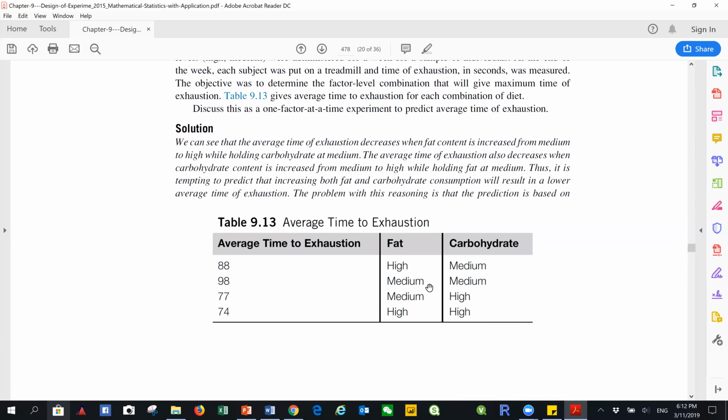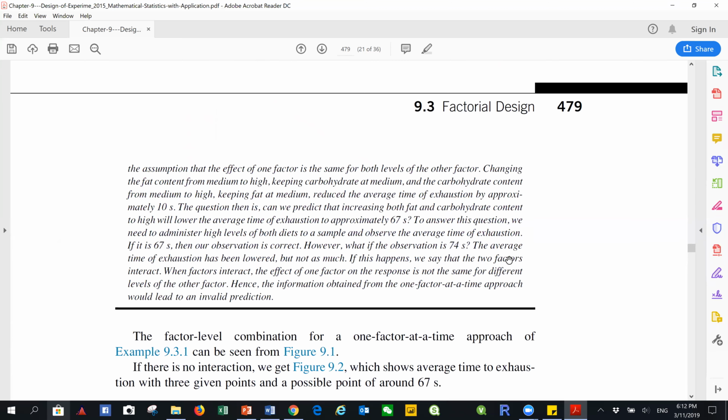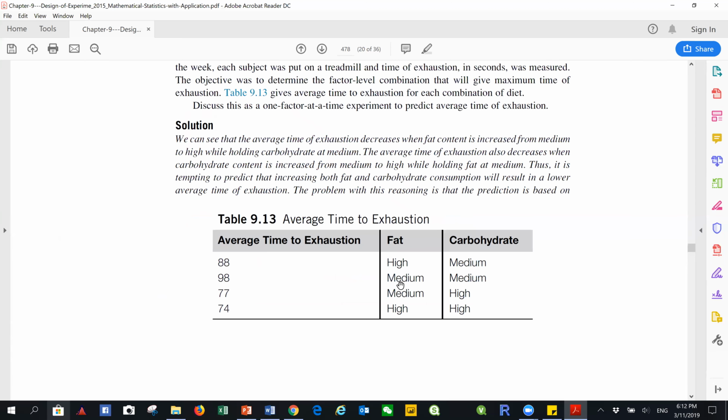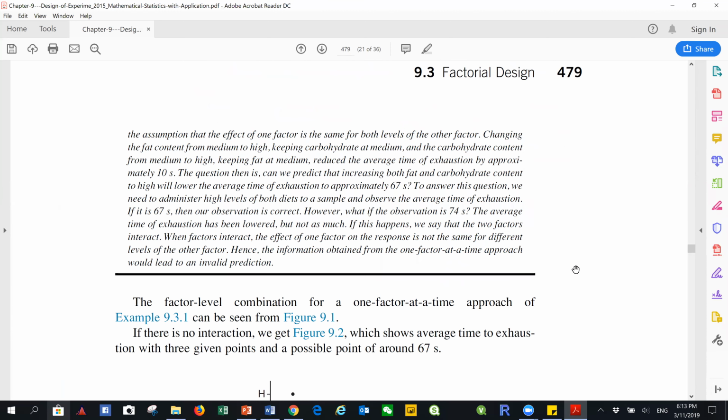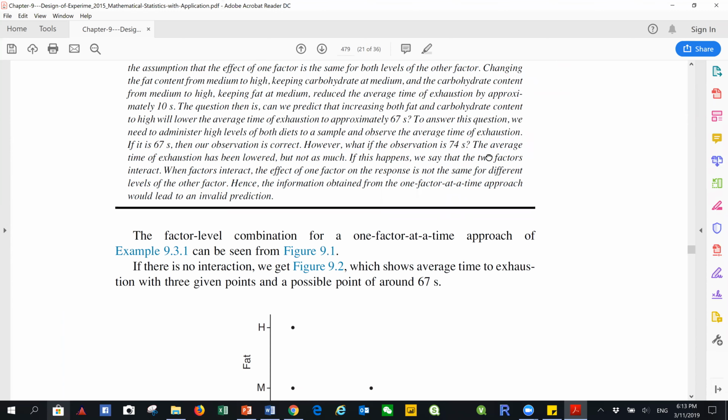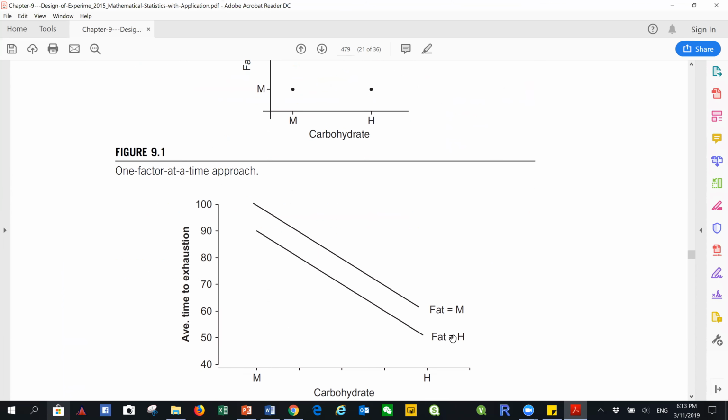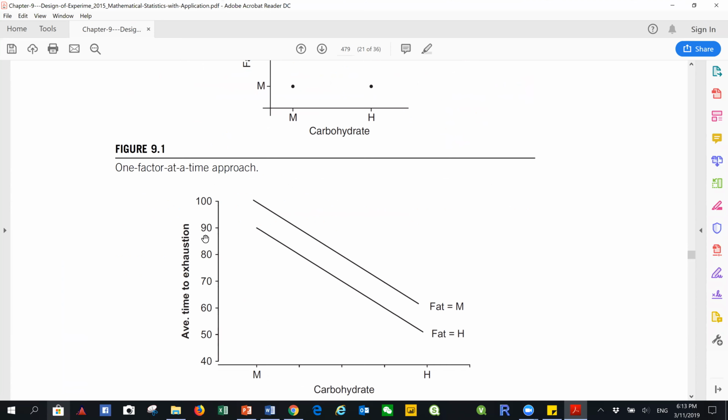High, medium. We put all these in a graph. When fat and carbohydrates are both high, the time to exhaustion is lowest.